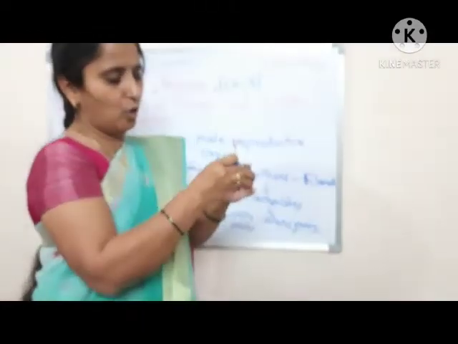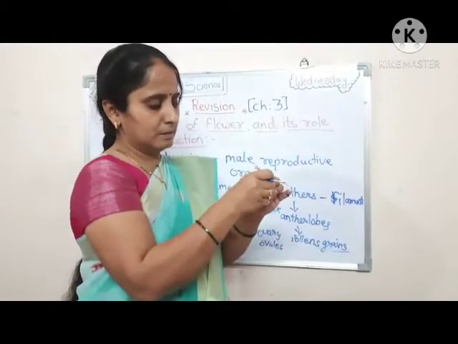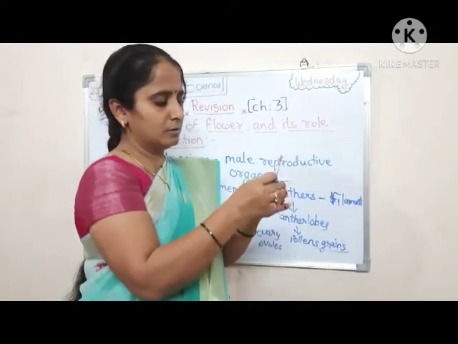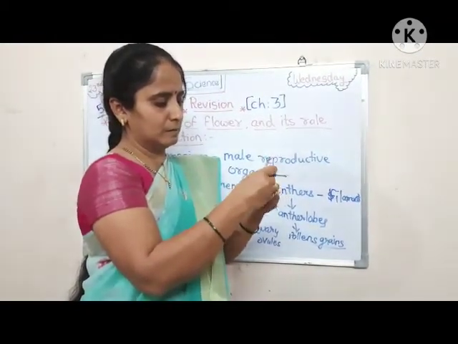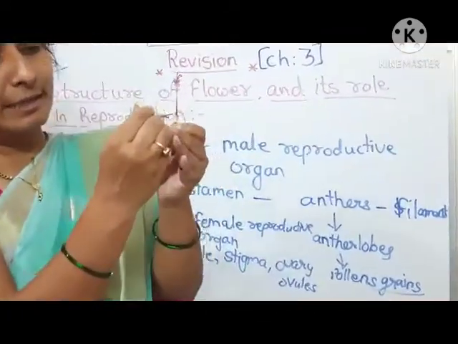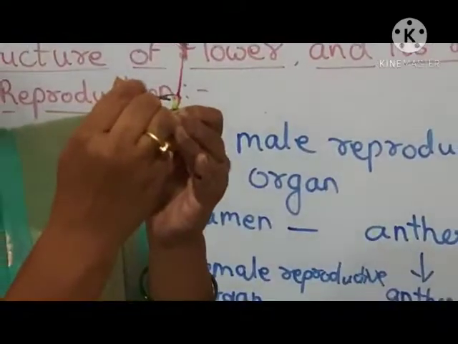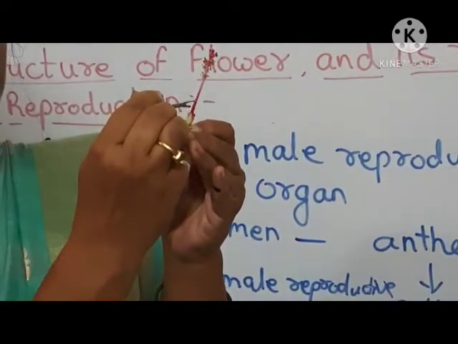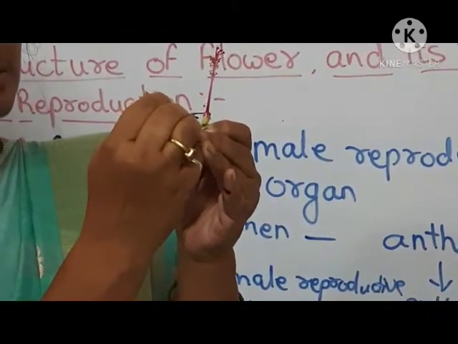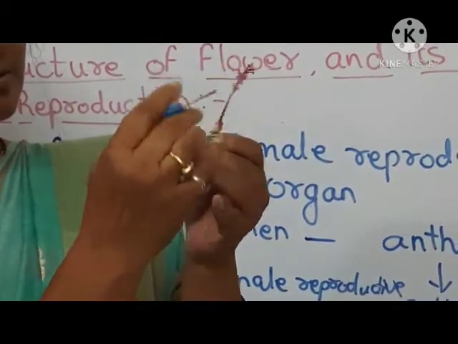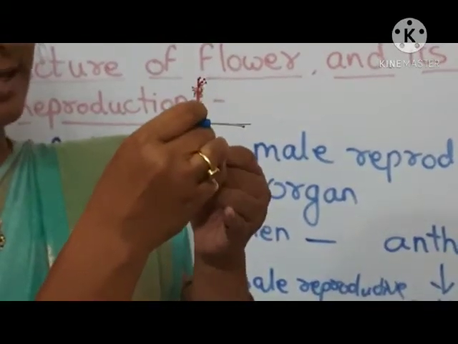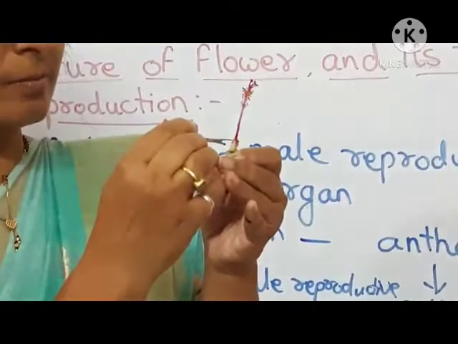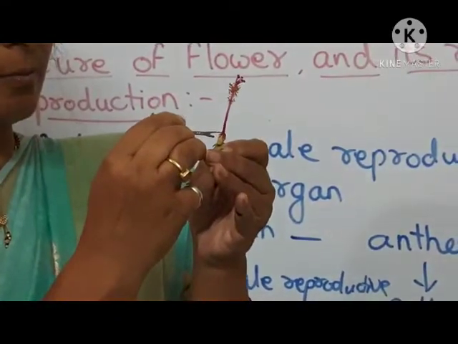I have removed all the accessory whorls now. Then in between you can see a small tube-like portion, which is known as the pollen tube.